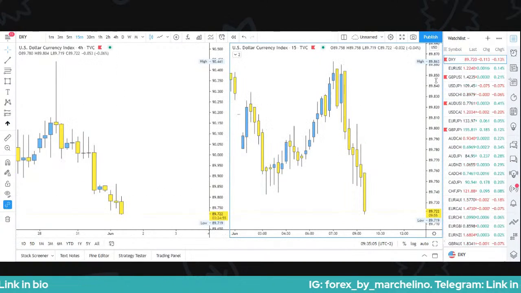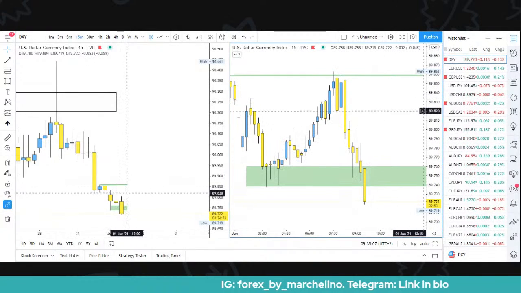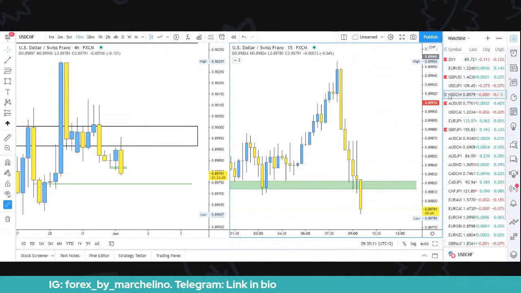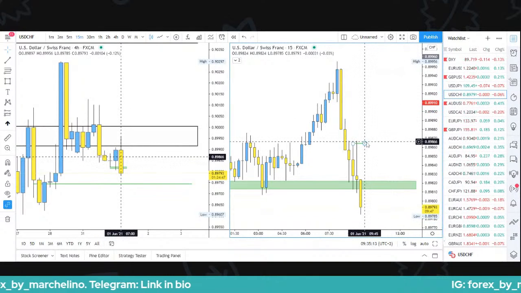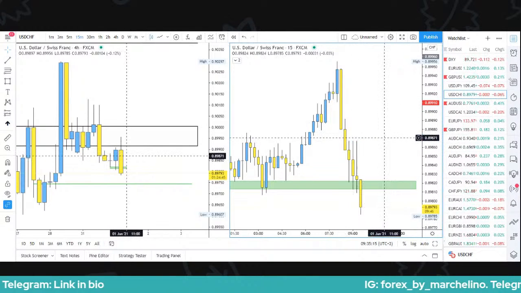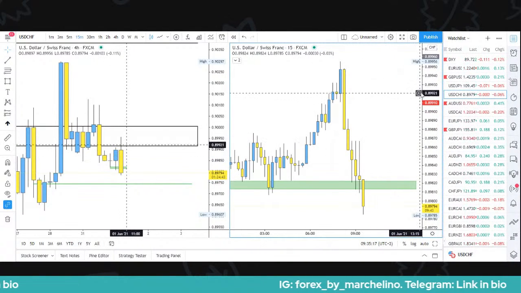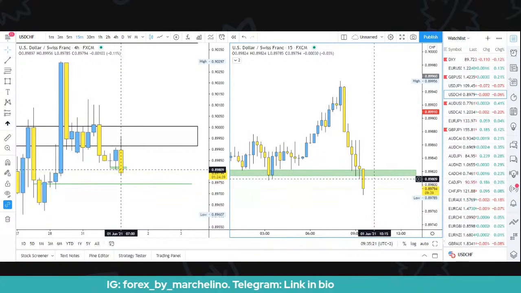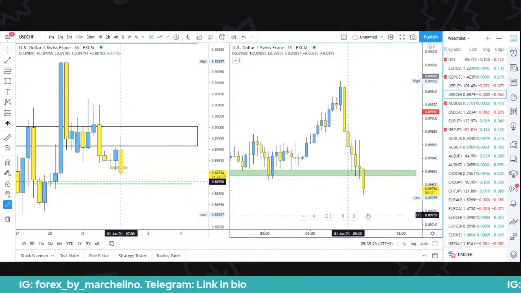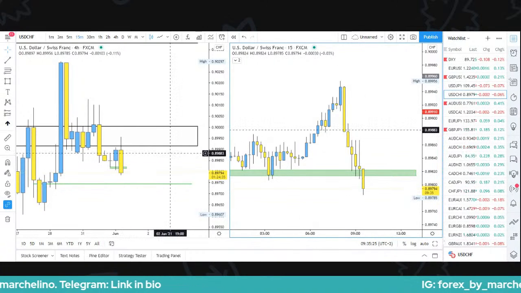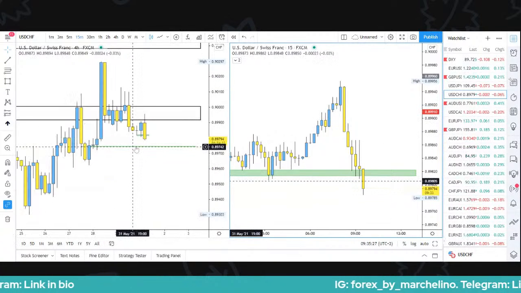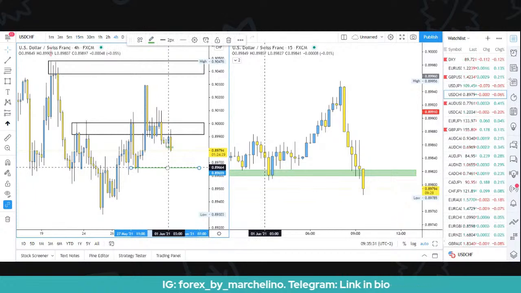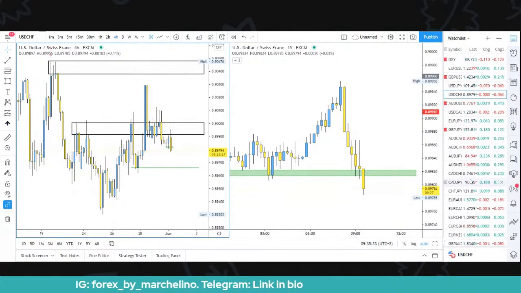Check DXY. DXY is broken below. So that means USD CHF has broken below too. Are you gonna wait for a break and retest? Or if we close below this with a strong bearish candle, you can then kind of assume that the next candle will be bearish.